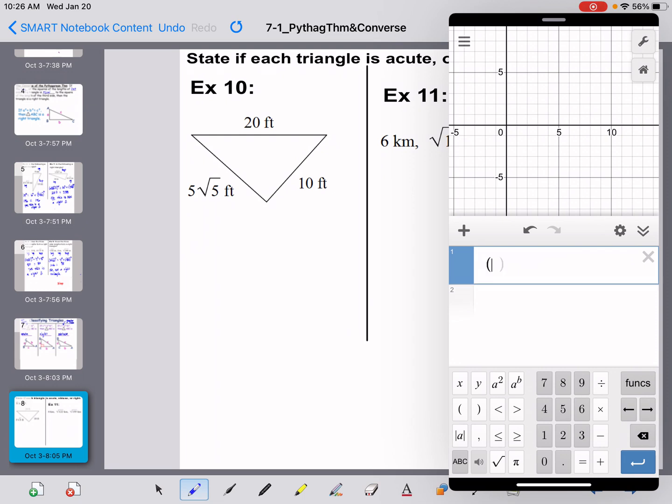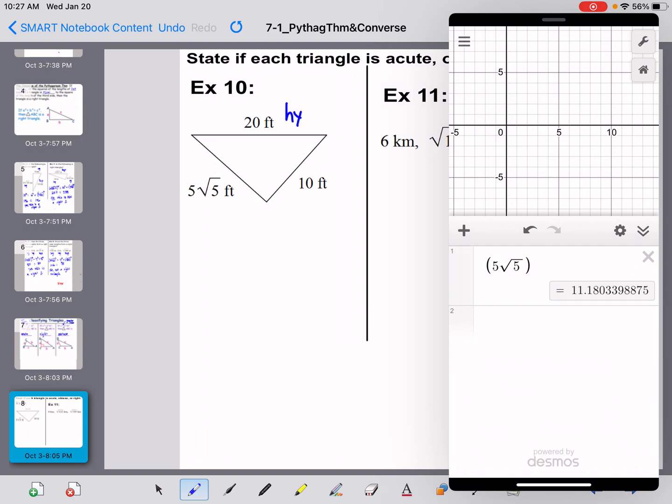So let's figure it out. That number is 11 something, so that's not bigger than 20. So this would be the hypotenuse, this would be a leg, and this would be a leg.